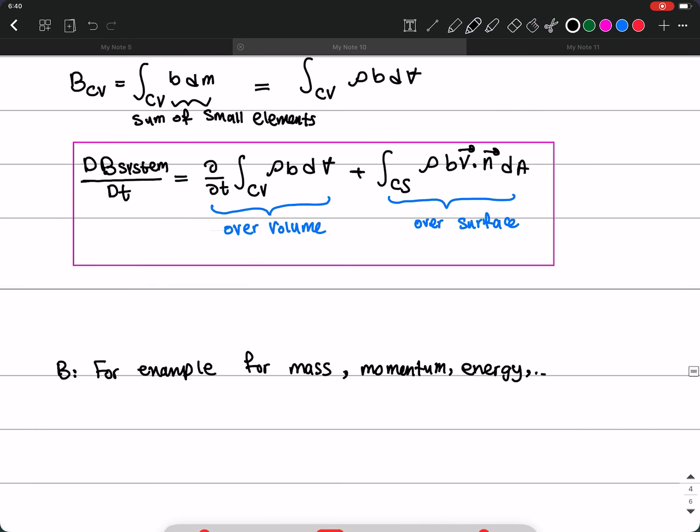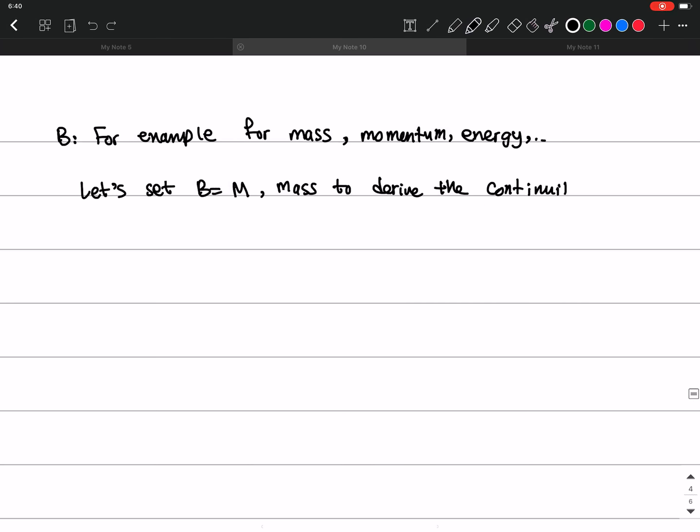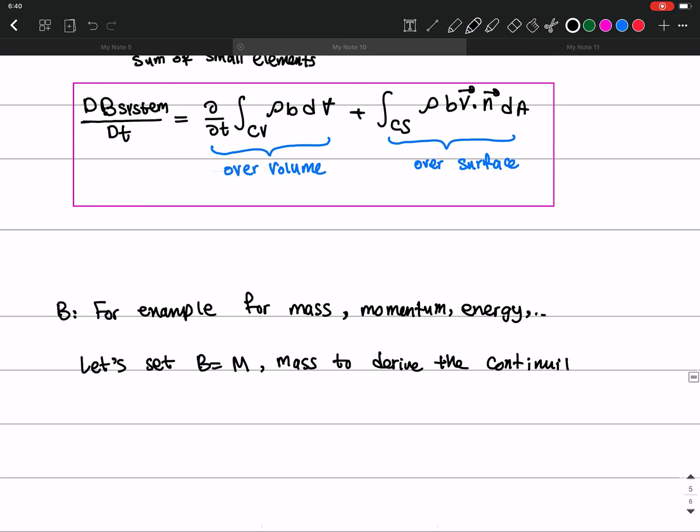So for example, let's set B as M, mass, to derive the continuity equation in integral form.